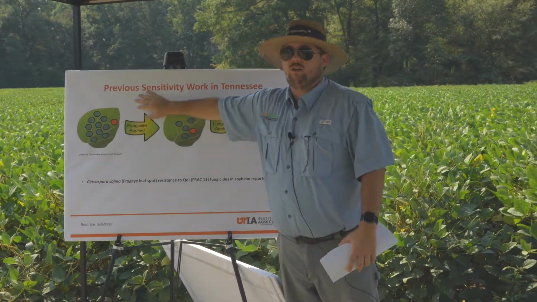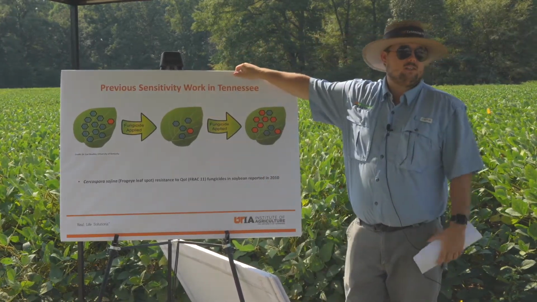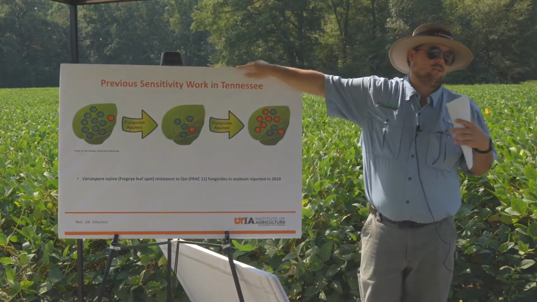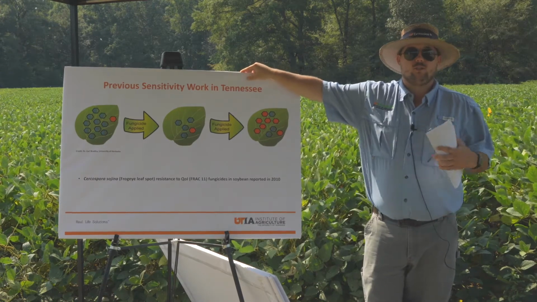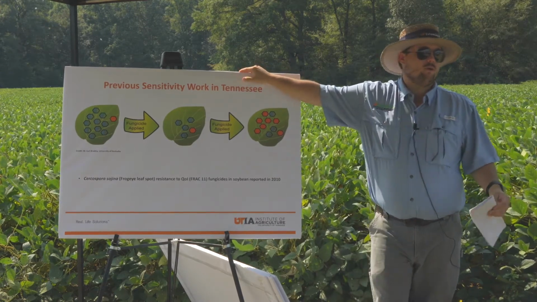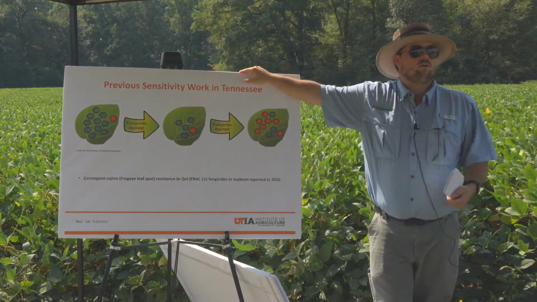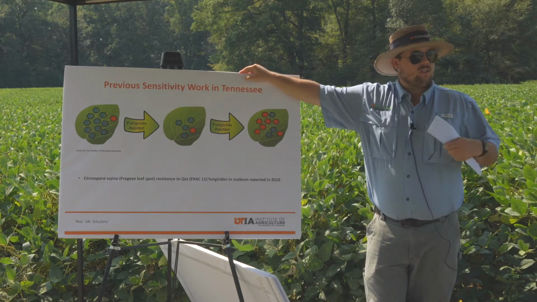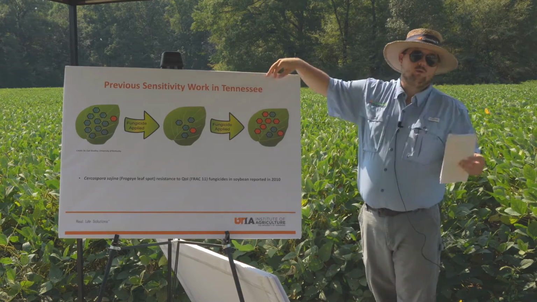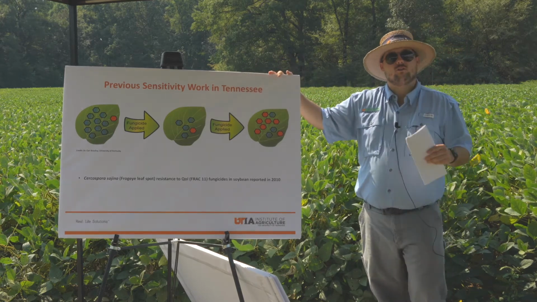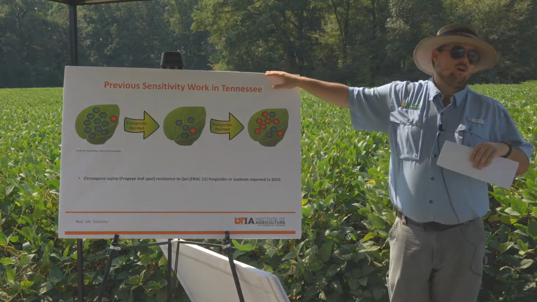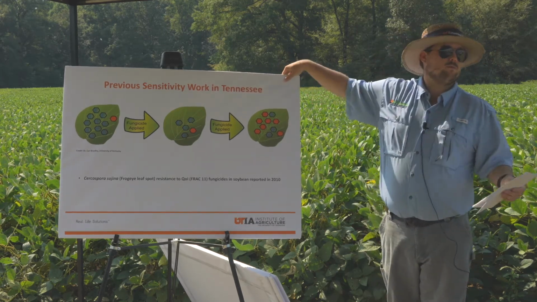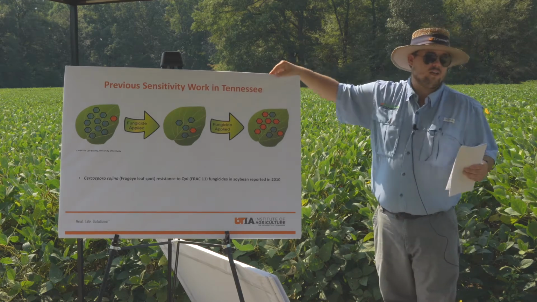These red blocks represent a resistant isolate, whereas the blue represents a sensitive isolate. In the case of the QOIs, we'd only been putting out QOI fungicides for a number of years in soybeans. Every time you put that QOI fungicide out, you're slowly killing off your sensitive isolates, and that population starts to become more and more littered with resistant isolates.